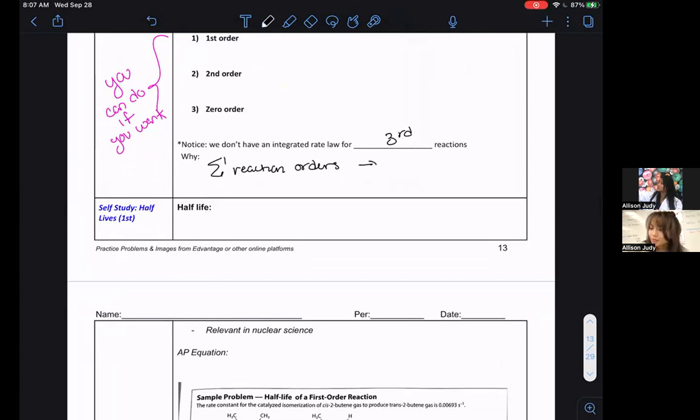Something you're going to learn very quickly in future lectures is that there's actually no single reactant that can demonstrate third order behavior.